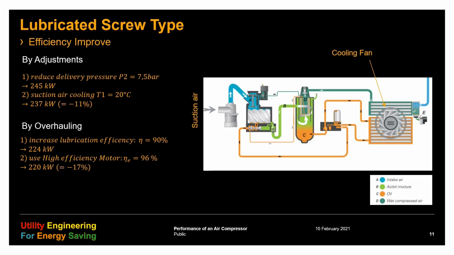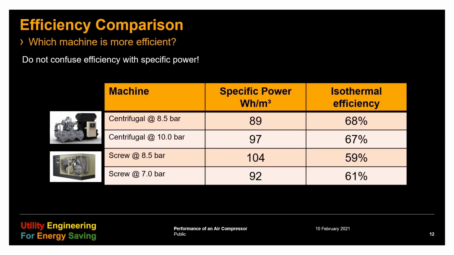I want to spend a couple of words on how we can judge if a compressor is good or not. Normally, we refer to the specific consumption, kilowatt-hour per cubic meter, and we say the less is the better. But this is actually not true. It would be true if we compare machines with same boundary conditions, inlet temperature and pressure, delivery pressure.